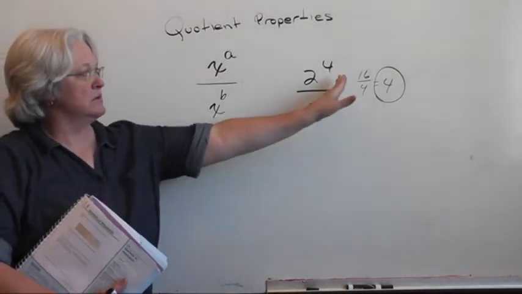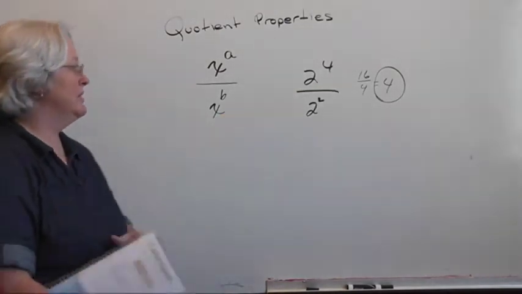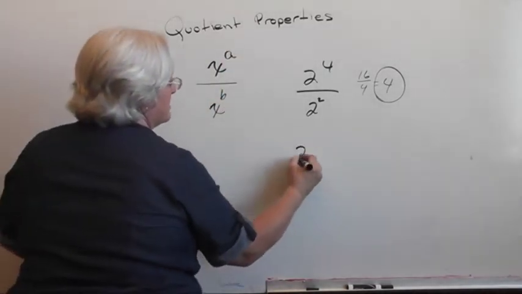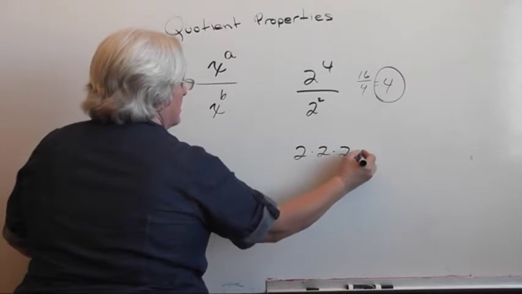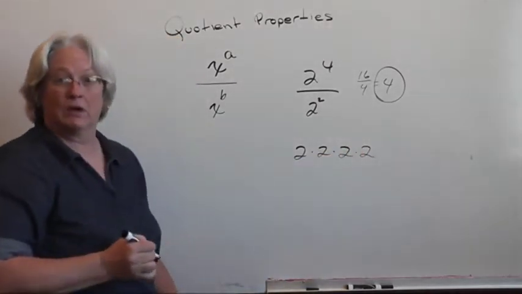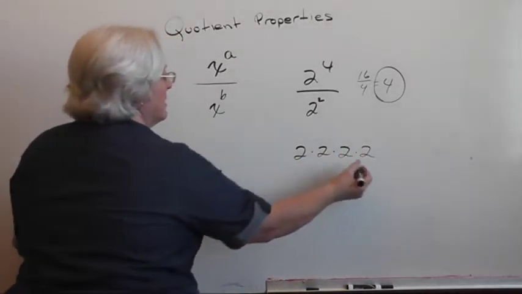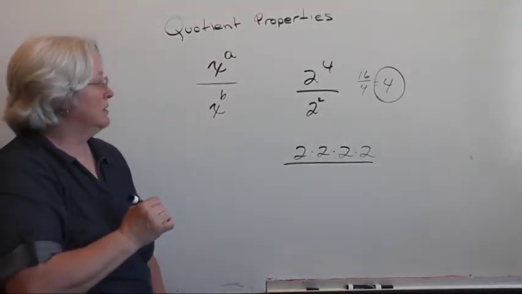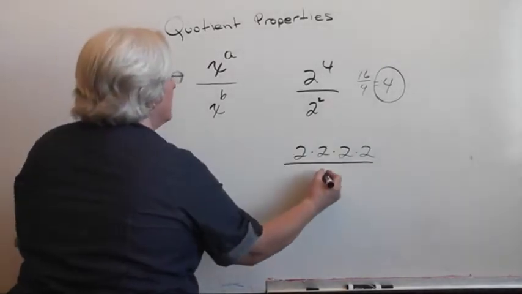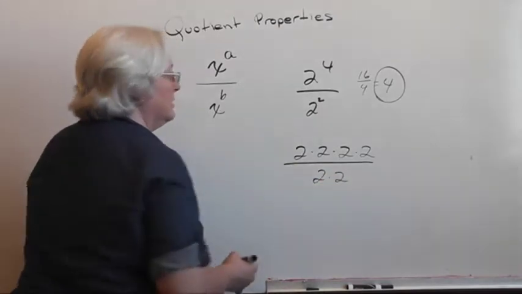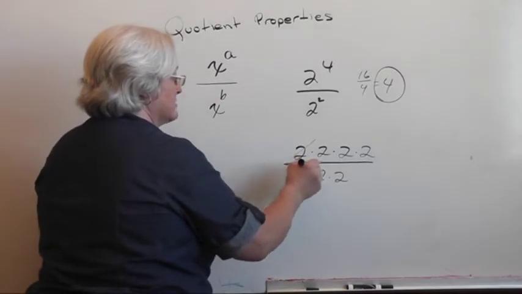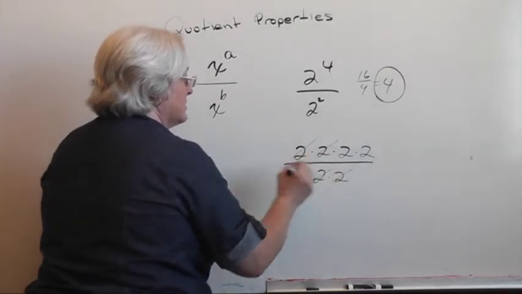But let's see how else we might be able to illustrate this. We have this exponential 2 to the 4th. That means we're using 2 as a factor 4 times, correct? What are we dividing that by? Well, we are dividing it by 2 used as a factor 2 times again. Very easy. You know that you can cancel common factors.